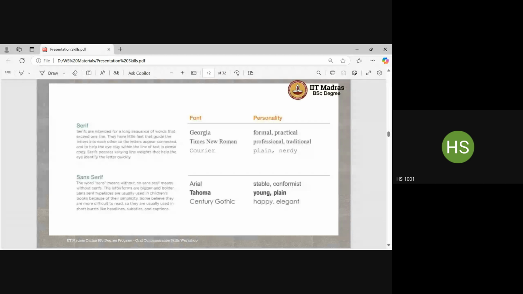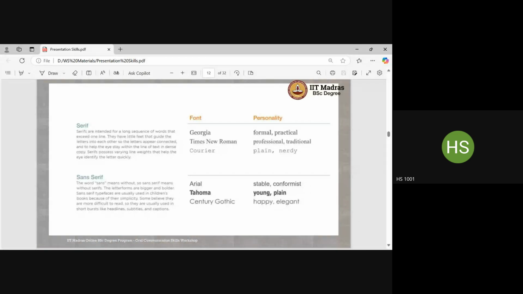When you have a sans serif font like Arial, it's a stable kind of letter form. You're conforming to a certain standard, right? All of these font shapes thus imply certain things. You can use a combination of these in your slide design.